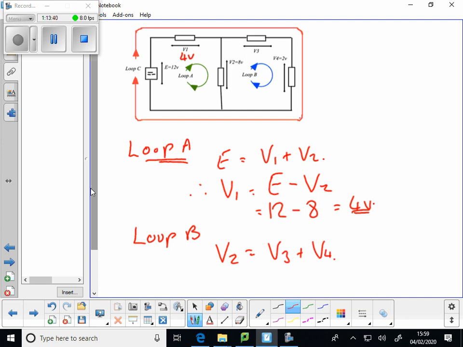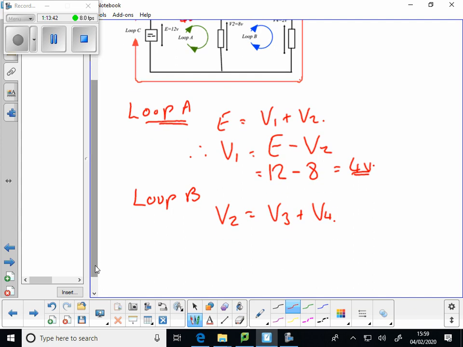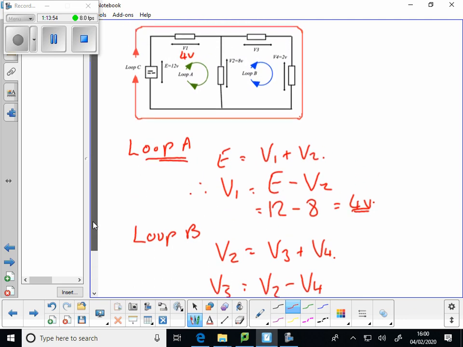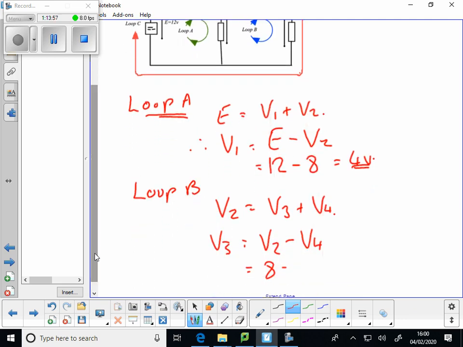We want to find V3, so V3 is V2 minus V4, which is 8 minus 2.